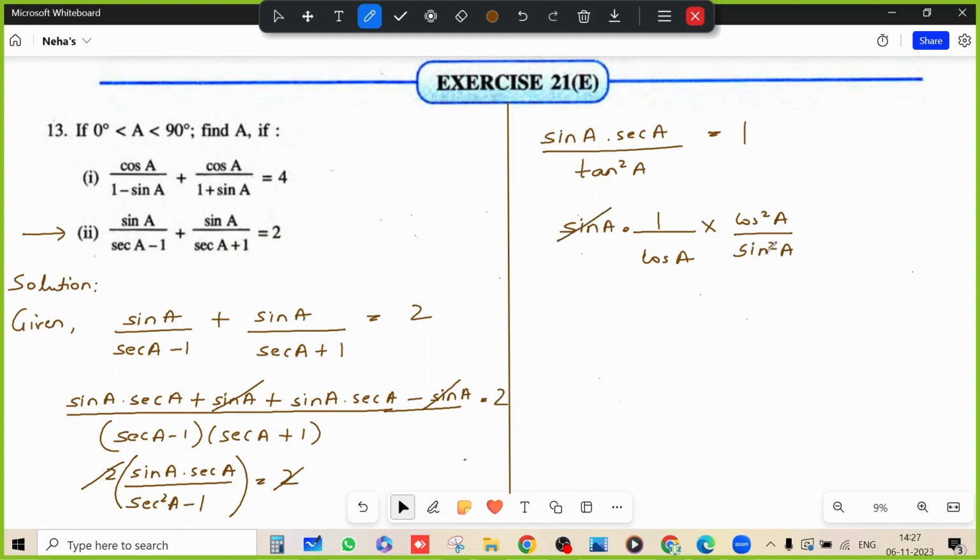So sin A will get cancelled out with this sin A, cos A will get cancelled out with this cos A, and this is equal to 1. And we know that cos A and sin A, only these two terms are left. This will become cot A is equal to 1, and we know cot 45 degree is equal to 1. Therefore, value of angle A will be equal to 45 degree.